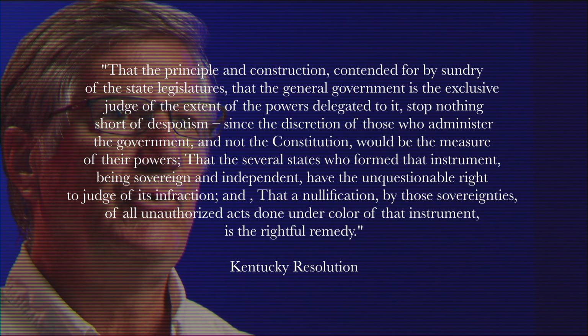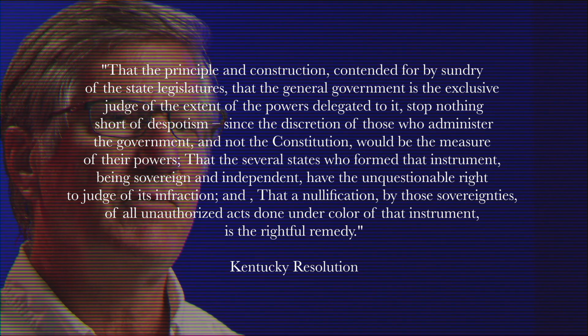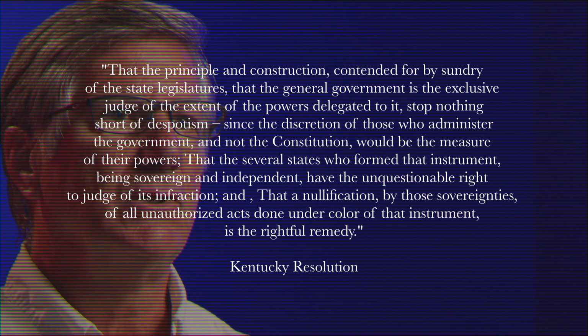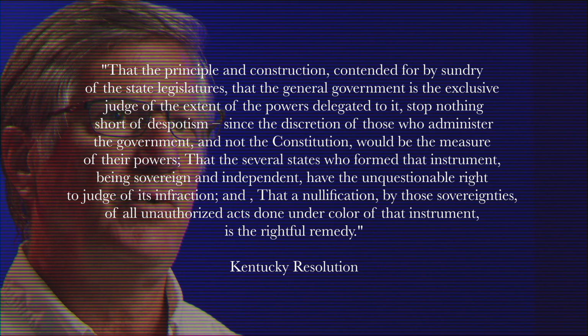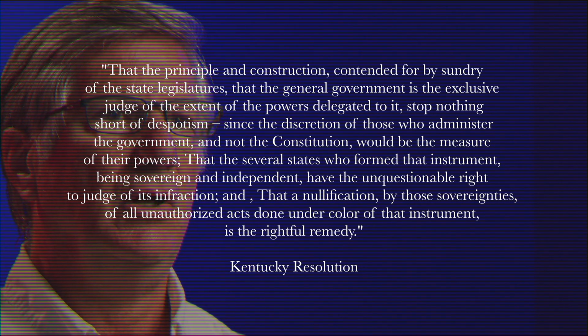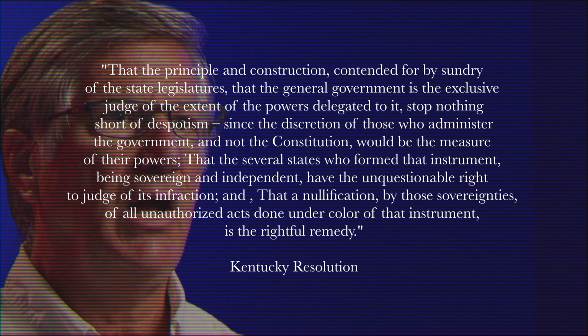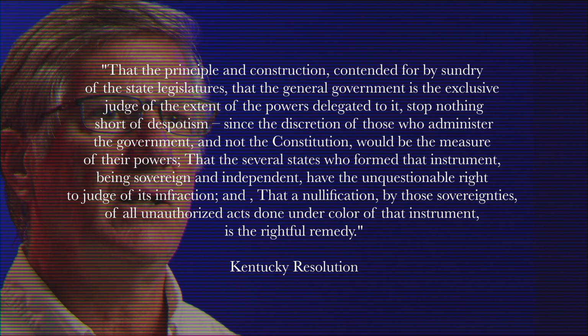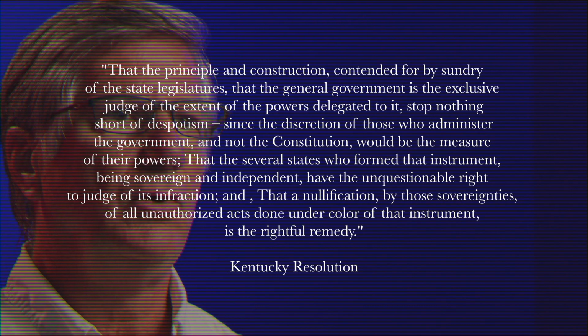That the several states who formed that instrument, being sovereign and independent, have the unquestionable right to judge of its infraction, and that a nullification by those sovereignties of all unauthorized acts done under the color of that instrument is the rightful remedy.